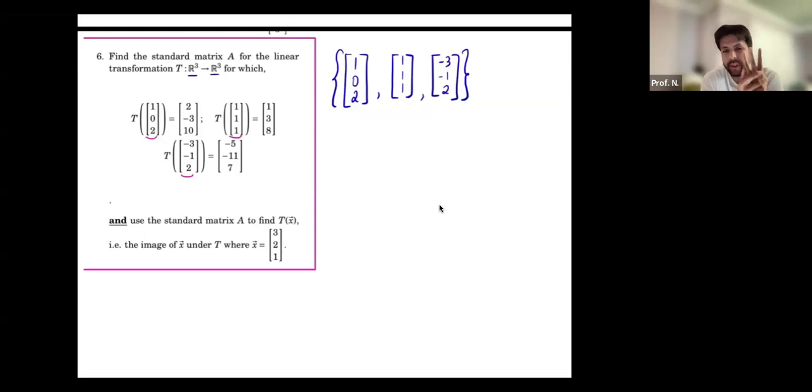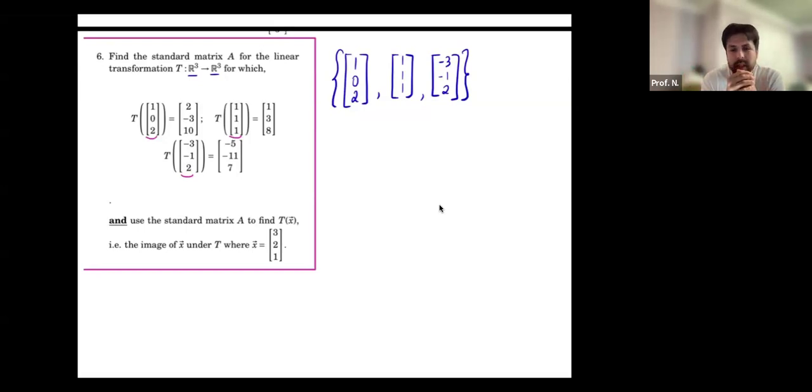So if I have 3 vectors and the dimension of the space is 3, I only have to check one of the things, whether it's linearly independent or span, because automatically, if I have 3 vectors in a dimension of 3, then if they're linearly independent, it's a basis and will span, and vice versa.